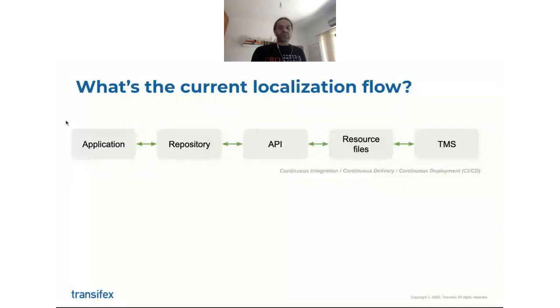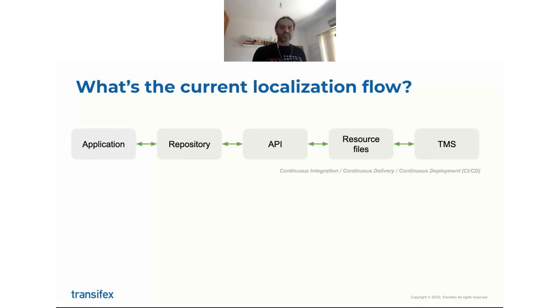And it goes like this. Usually we have an application that our users and our customers see, and this application is related with a repository. The repository is a place where engineers work and develop new features, enhancements, and bug fixes for the application in order to ship the application.